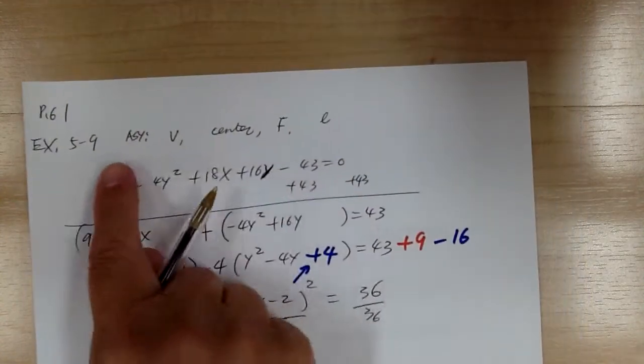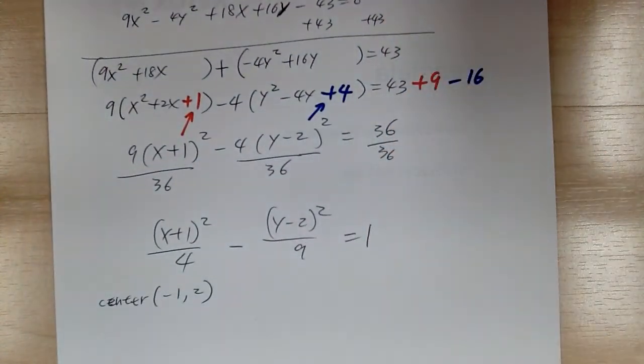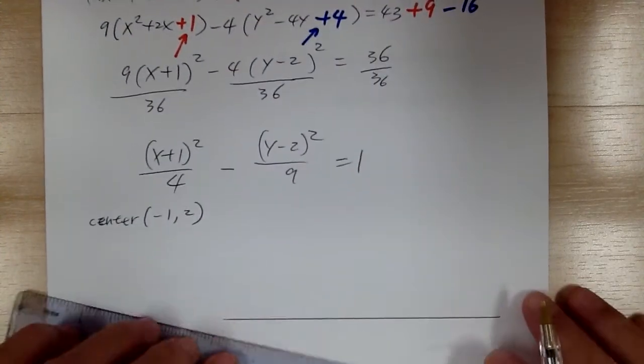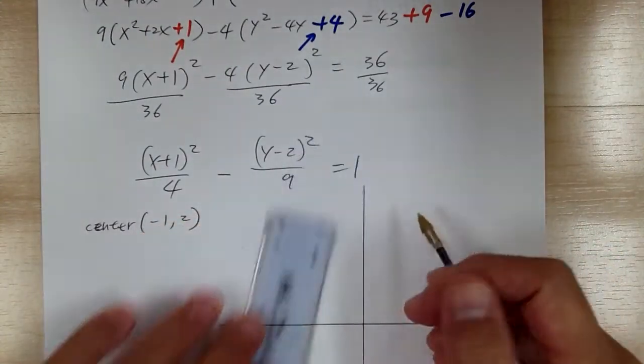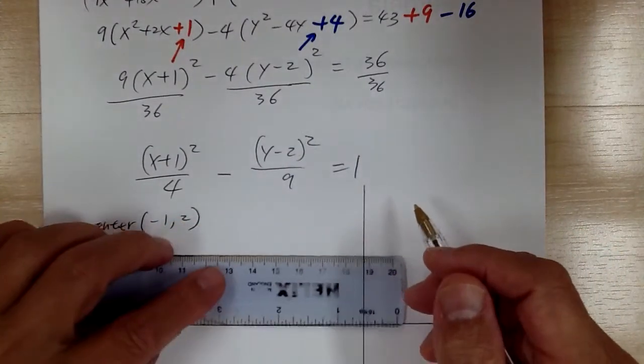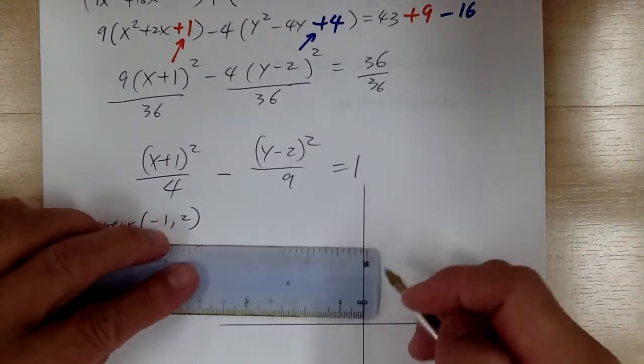Now to answer the other questions, we're going to sketch it out. So the center is negative 1, positive 2.